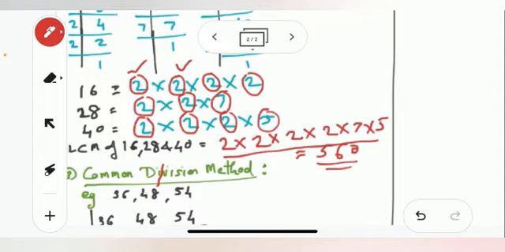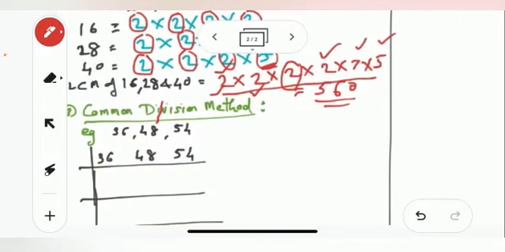It is common in all 3, so I'll be writing it only once and twice. Now this remaining 2, this 2 and this 2, I'll be writing only once. Then whatever is remaining, that is this 2, from here 7 and from here 5, I am writing here. So this way I'll be writing my LCM, and I'll get the product as 560.